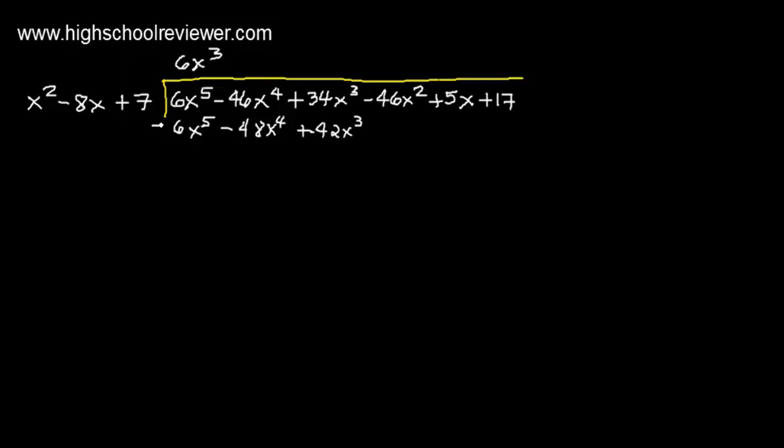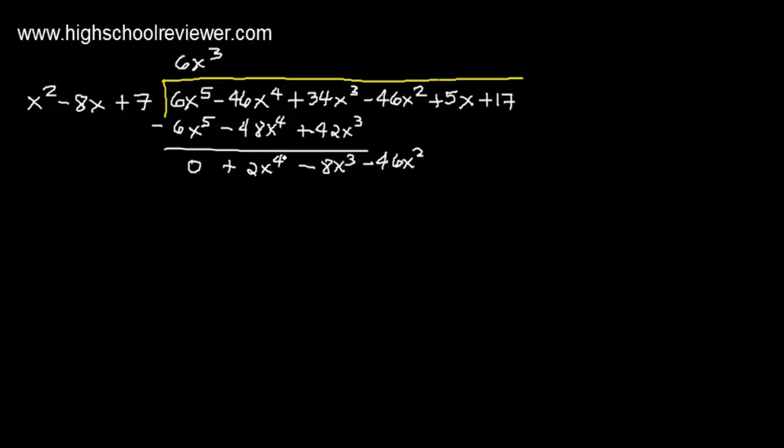And then perform subtraction. 6x raised to 5 minus 6x raised to 5, this is 0. Negative 46x raised to 4 minus negative 48x raised to 4, this is positive 2x raised to 4. Positive 32x cubed minus positive 42x cubed, this is negative 8x cubed. And bring down negative 46x squared.